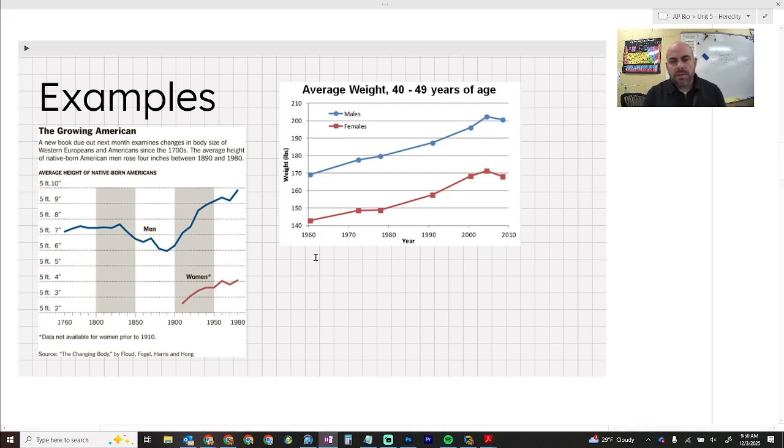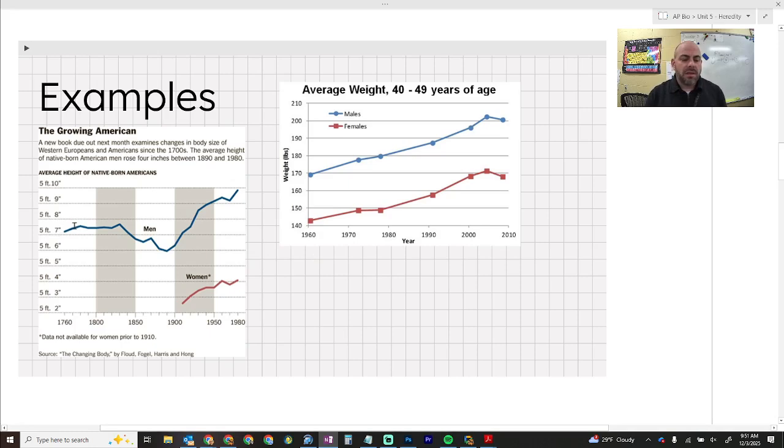Not to say that these things were new, but access to nutrition, access to healthcare is going to change that, right? People are going to be bigger. People are going to grow more. It's not like we're evolving. We're not evolving in the last 100 years. We're just properly nourished, and that's going to change our height and our weight, right? So that's what you see here. The environment has caused that shift.